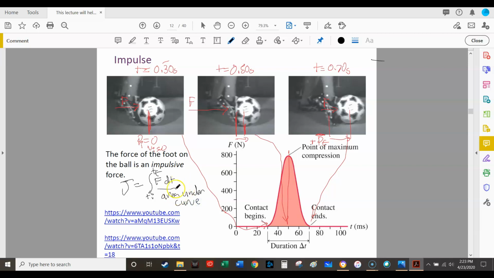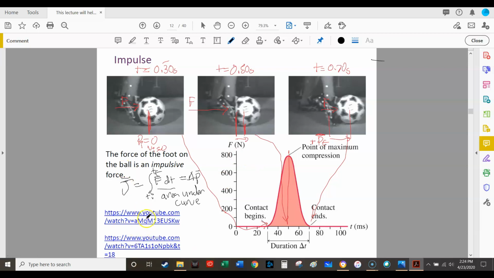So that area under the curve, which is this entire red area, is equal to the change in momentum, which is actually the J, the impulse, the J vector, okay?